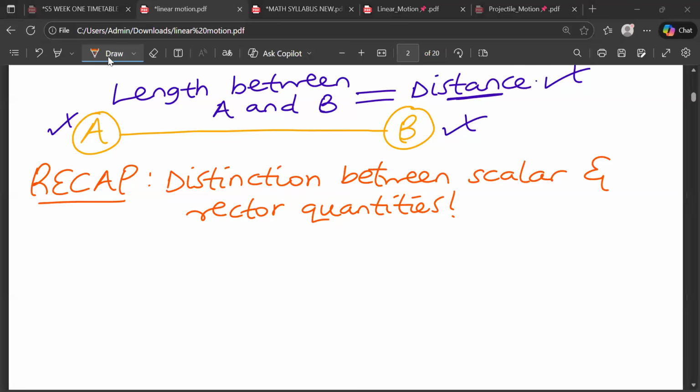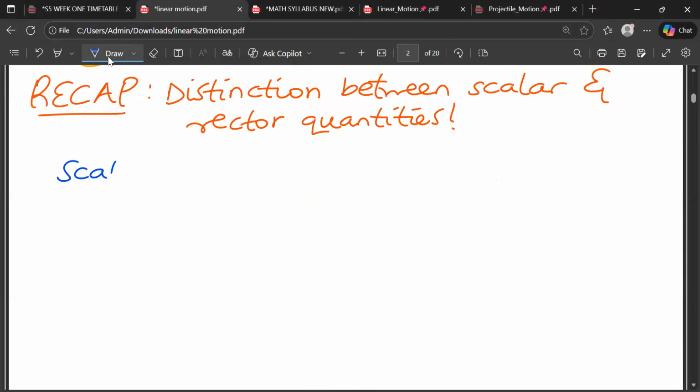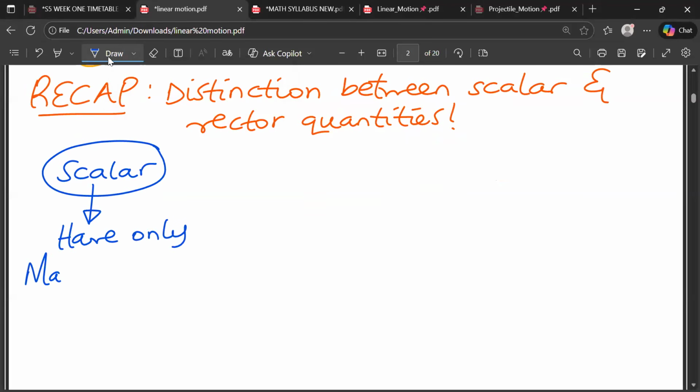Okay, our friend has told us that scalar quantities have only magnitude. That is the modern word, but the ancient word is size. They have only size. That's what she first told us.